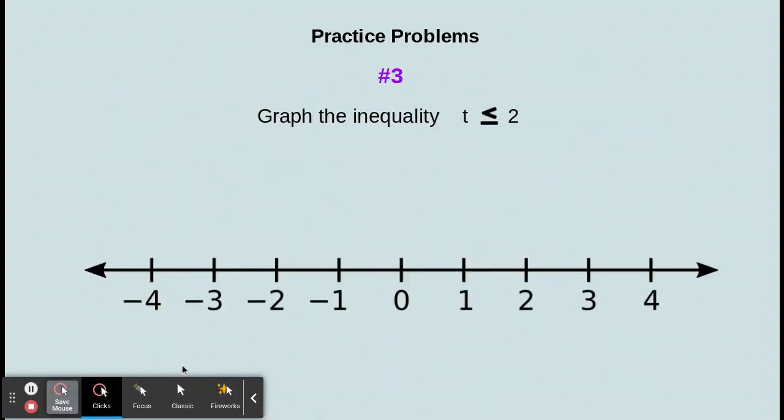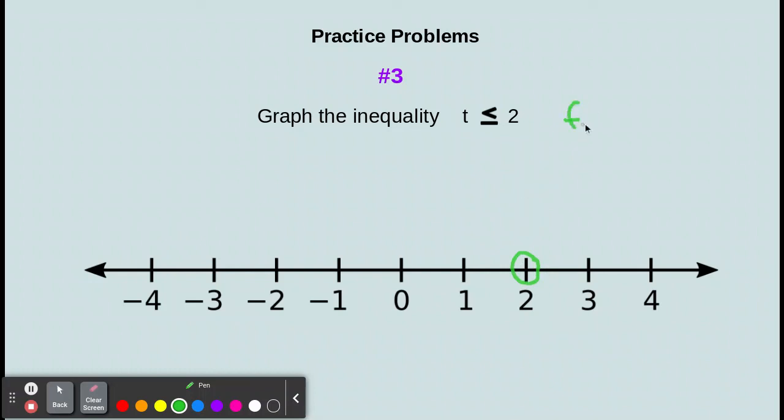And the last one, number 3, we are going to graph the inequality. T is less than or equal to 2. So first step, find 2 on the number line. Okay. Now you have to ask yourself, do I color in the circle or not? Okay.